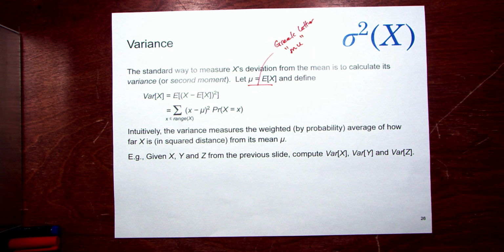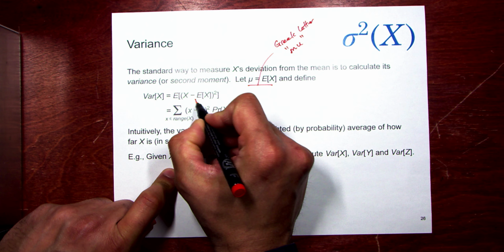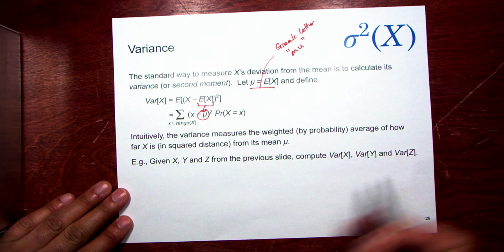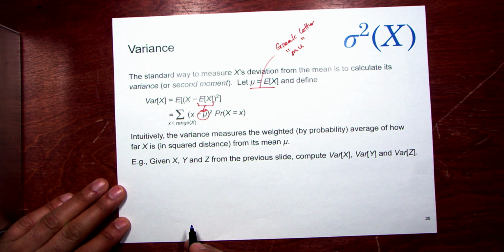So this here is this mu here. It got subbed in, and then we expanded throughout that. So you take the squares of the distances from each. Okay, let's compute the variance of each of x, y, and z from the previous slide.